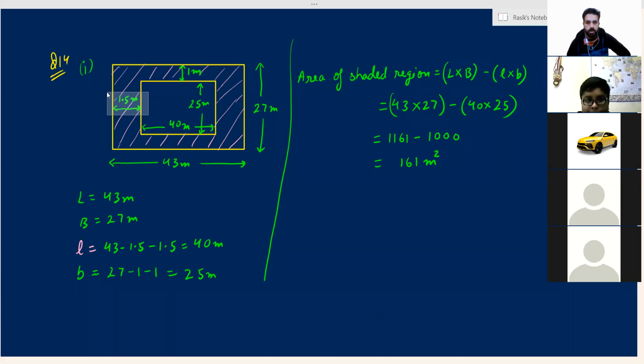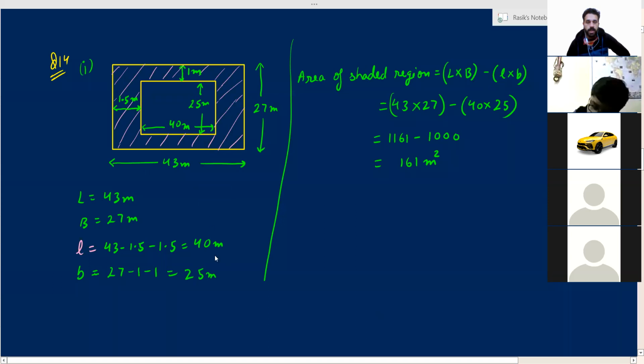On the left side and on the right side, it is 1.5. But on the upside, it is 1 meter. You can see I have marked it 1 meter thickness of the path. And in the bottom also, the thickness of the path is 1 meter.